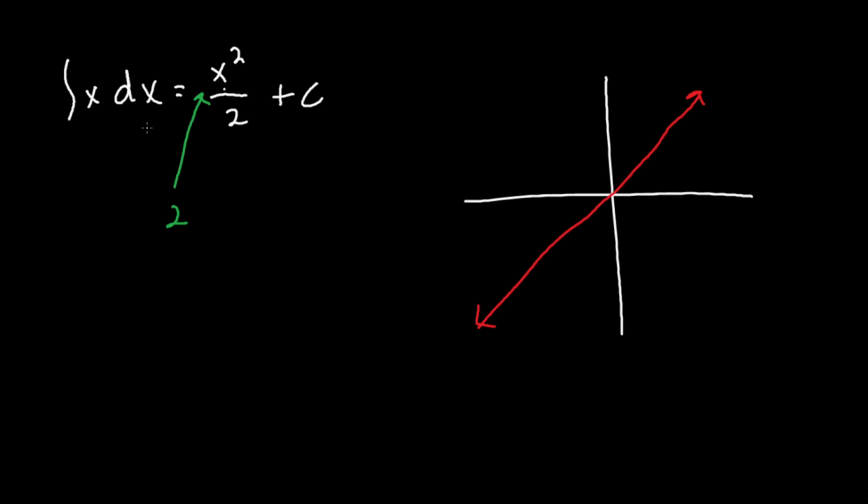So if I plug in 2 into here, that means that at x equals 2, between 0 and 2, the area under the curve is equal to 2 to the power of 2 over 2, which is 2.